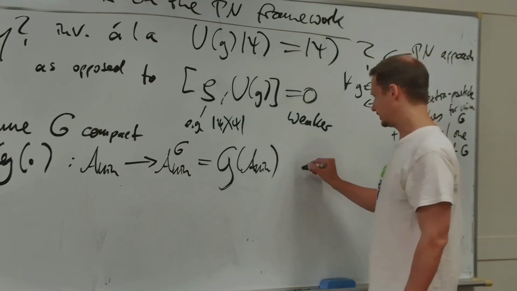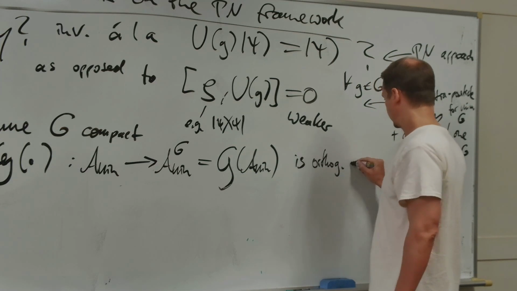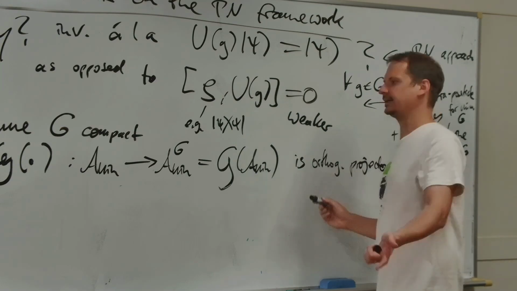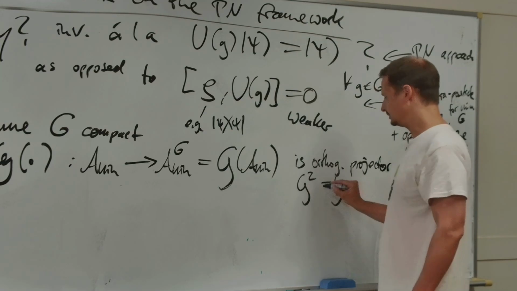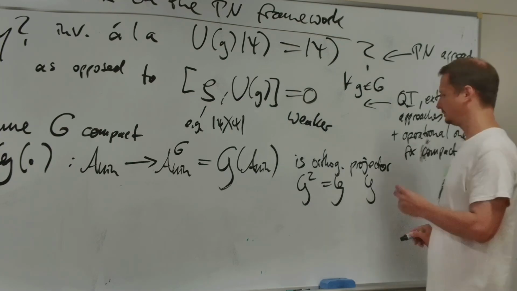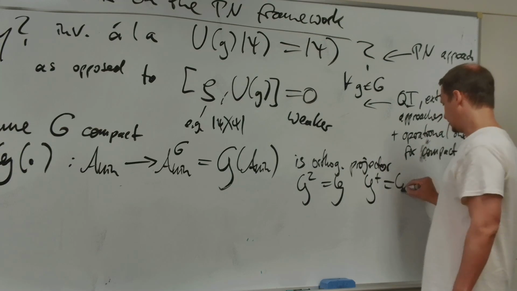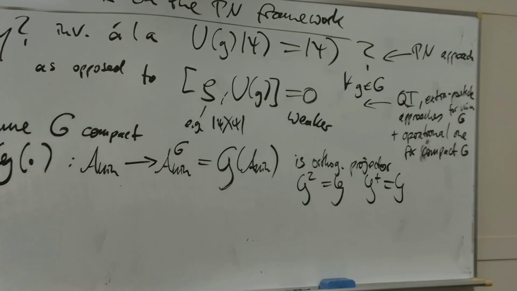And this is your orthogonal projector. So in particular, this means, formally speaking, the twirl squared equals the twirl, and we also have the twirl dagger equals the twirl. When I say orthogonal projector, I mean with respect to the Hilbert-Schmidt norm.